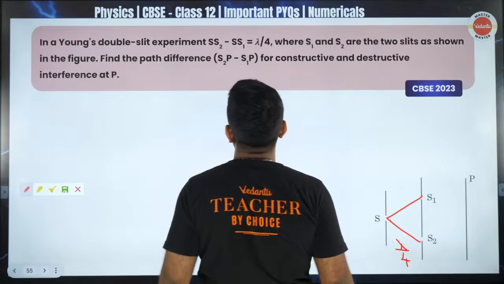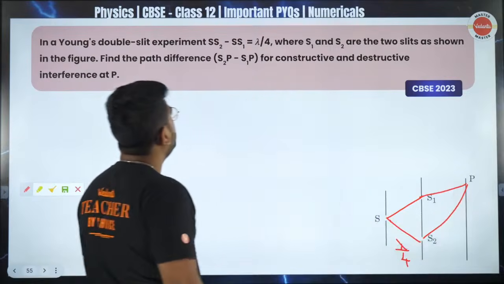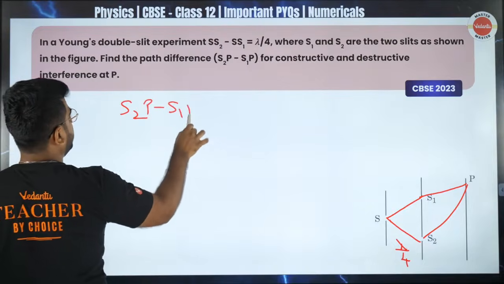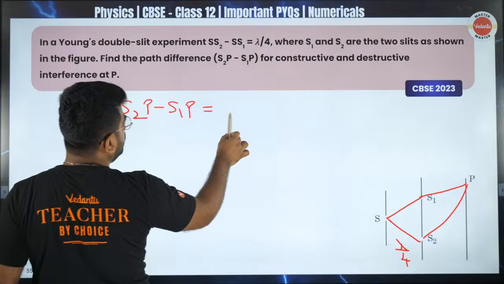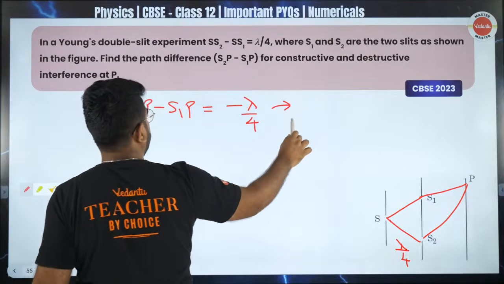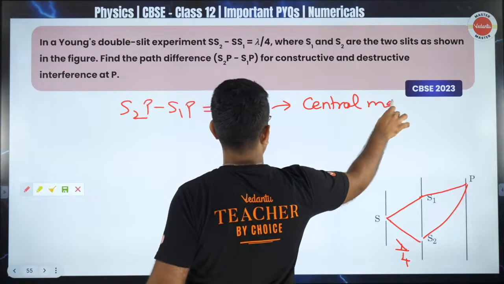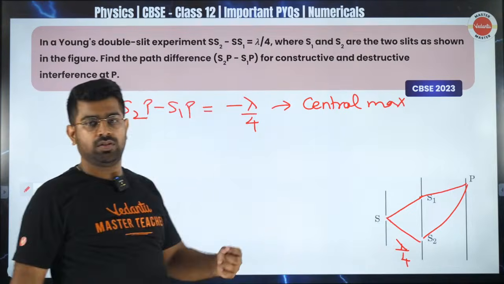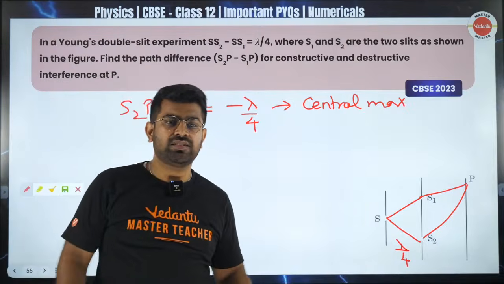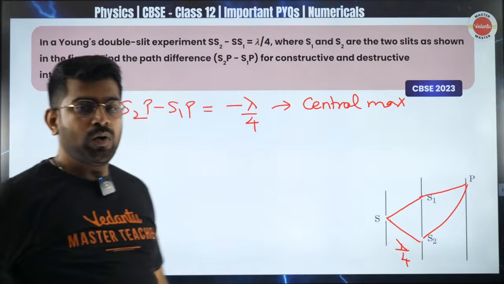Now for S2P and S1P, what should the path difference be? If S2P minus S1P is equal to minus lambda by 4, it will be the central maxima. Correct? This is not a derivation, it's just a concept.